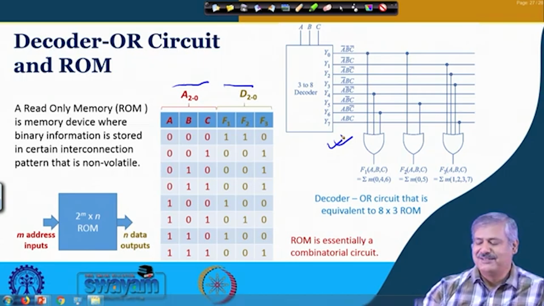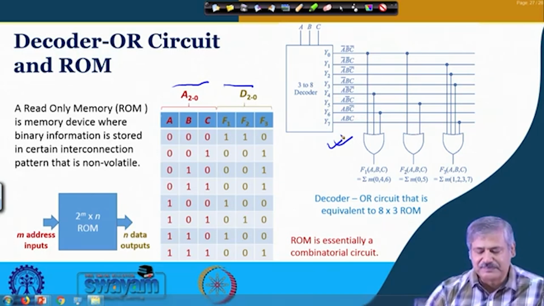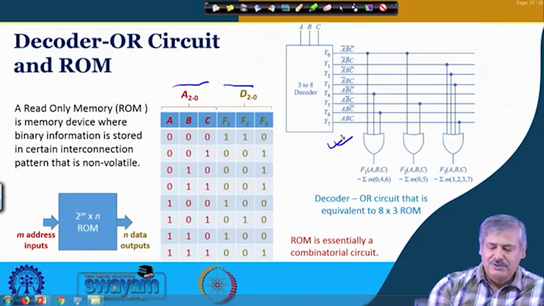But just to compare and see how it is similar, we have taken it again in this discussion. So, 3 bits means 8 address locations.